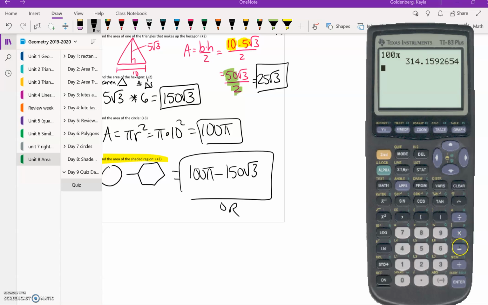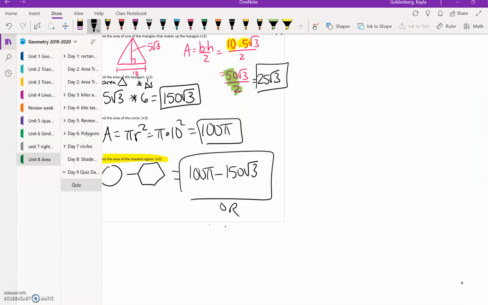So I'm going to do that minus, I'm going to put in parentheses, 150 times the square root of 3. Now, I'm putting parentheses around all that, and I'm doing that in just a couple steps. You might have to multiply them out and then round your answer and write it down. That's fine, too. It looks like we are at about 54.35 units squared. I'll put that in both my answers.